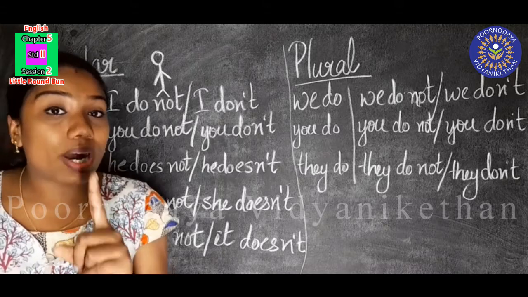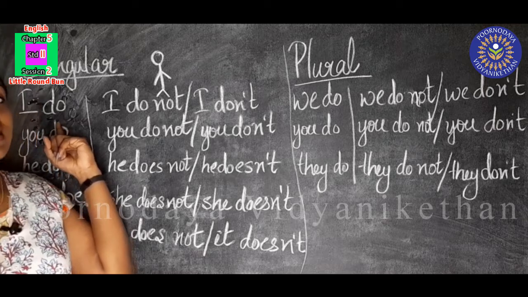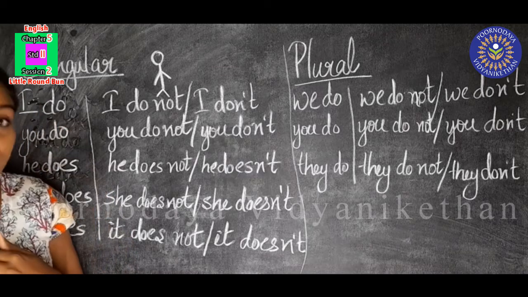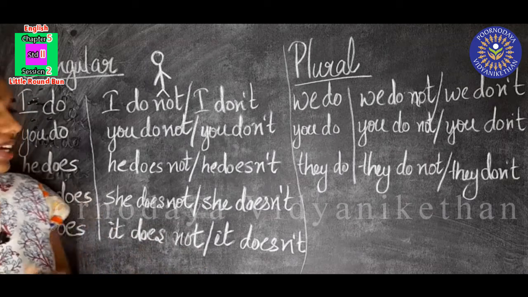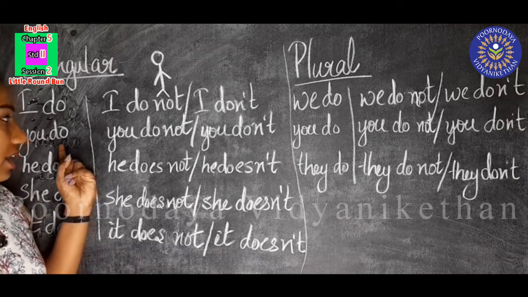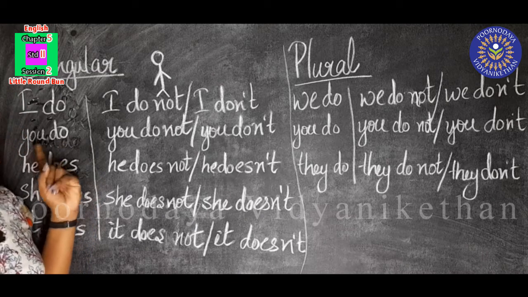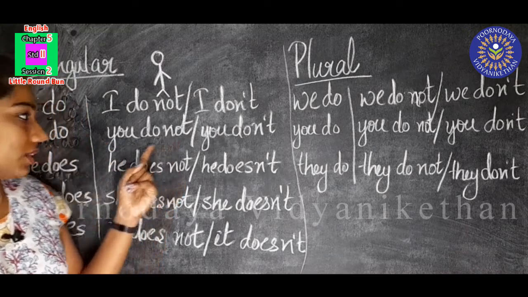In simple present tense, when we speak about singular subjects, that means one person. If we are speaking about myself, that means I, we can say I do or I do not or I don't. When we are speaking about another person, we can say you do not, or you don't.